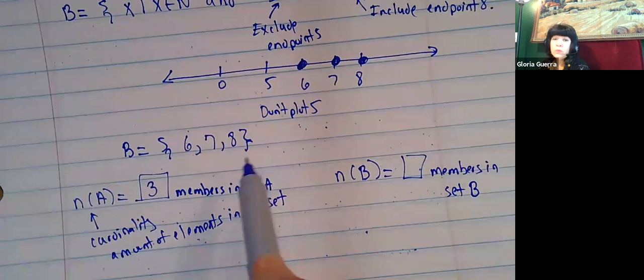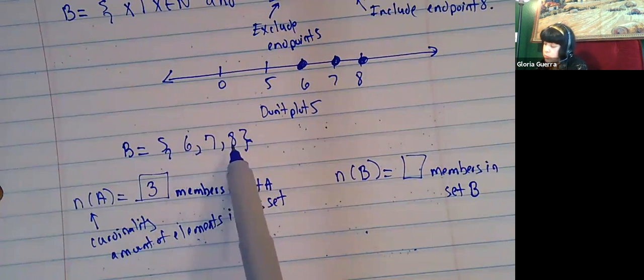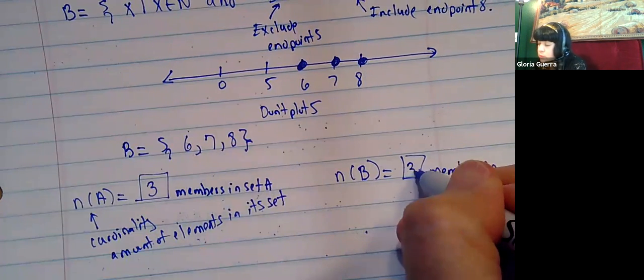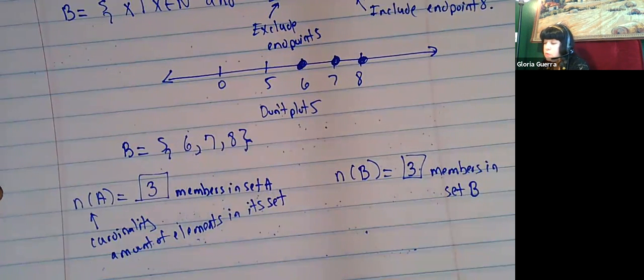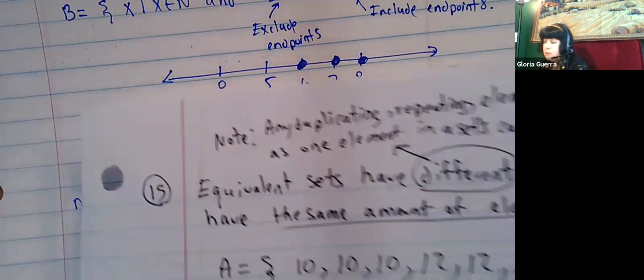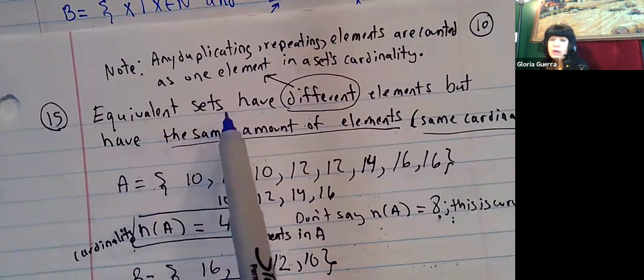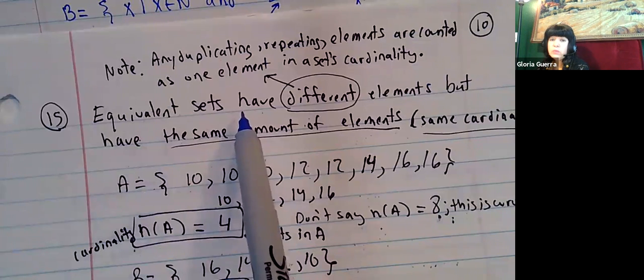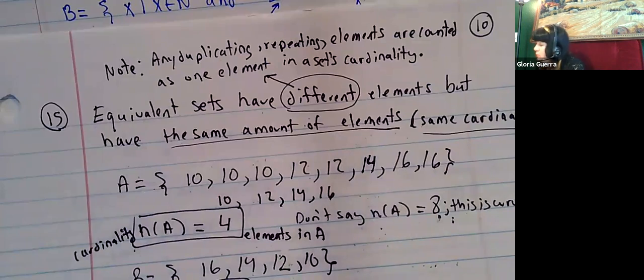Look, 1, 2, 3. Ah, okay. So remember what we said about equivalent. Remember we said equivalent sets have pretty much the same amount of elements, the same cardinality. So I'm going to write that down.